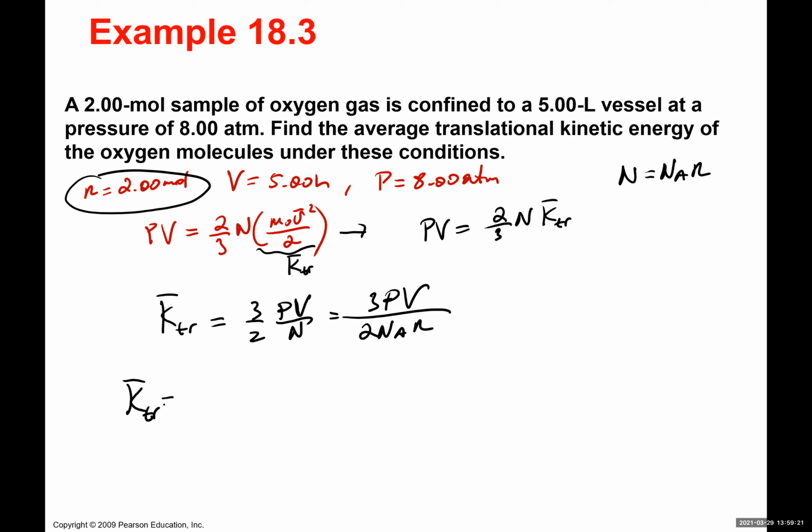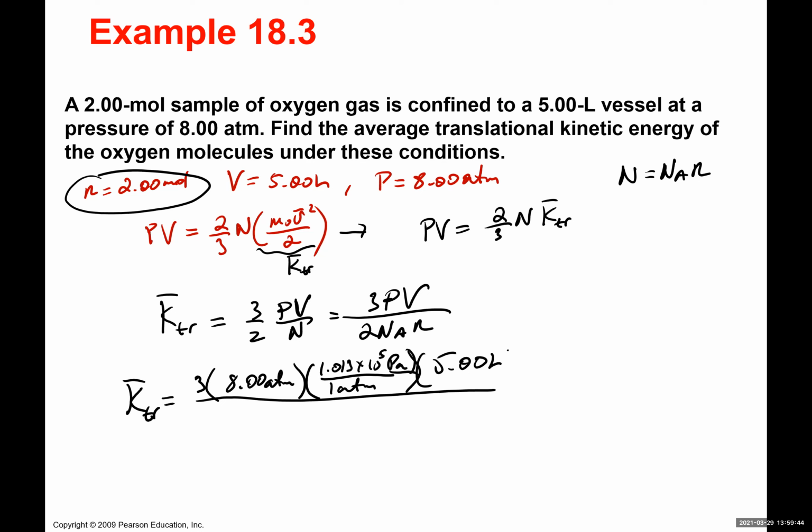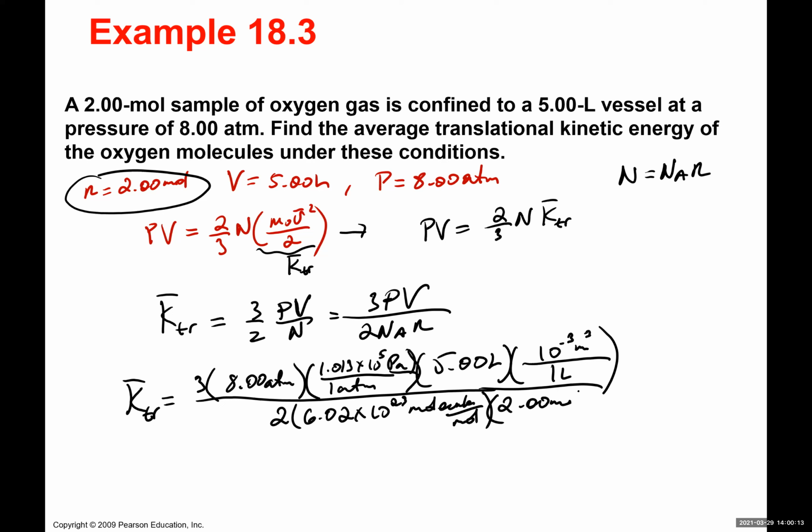The translational kinetic energy equals 3 times the pressure, 8 atm, converted to Pascal, where 1 atm is 1.013 times 10 to the 5 Pascal, times the volume, 5.00 liters, where 1 liter is 10 to the negative 3 cubic meters, divided by 2 times the Avogadro number, 6.02 times 10 to the 23 molecules per mole, times the number of moles, which is 2 moles.